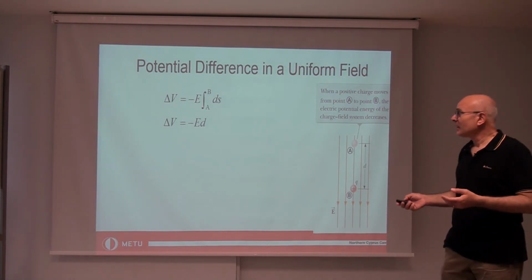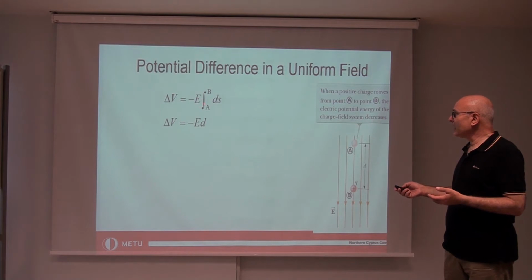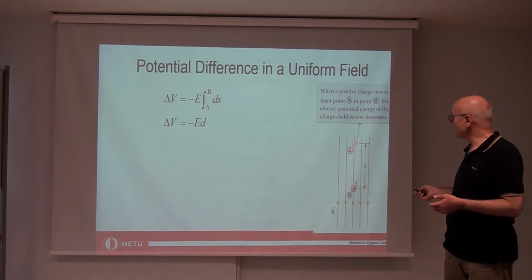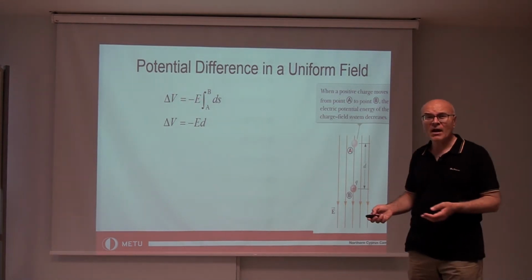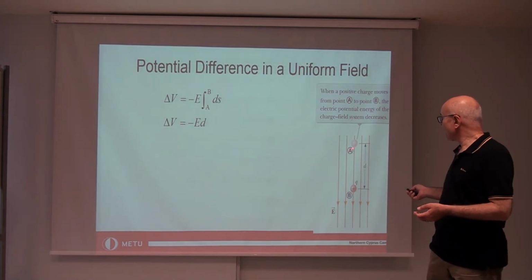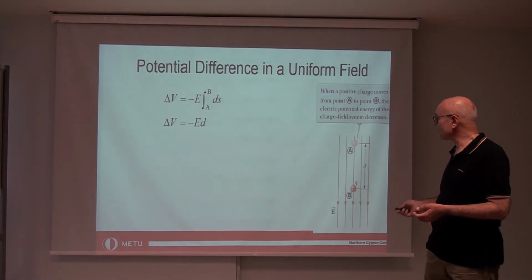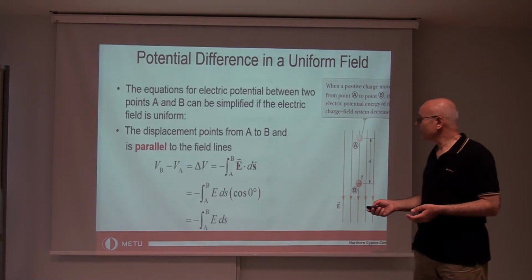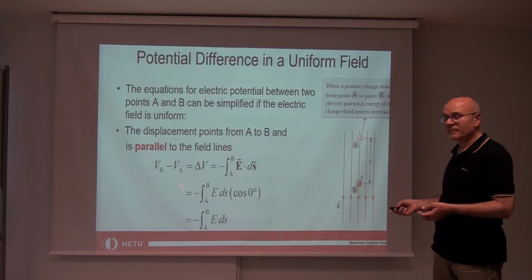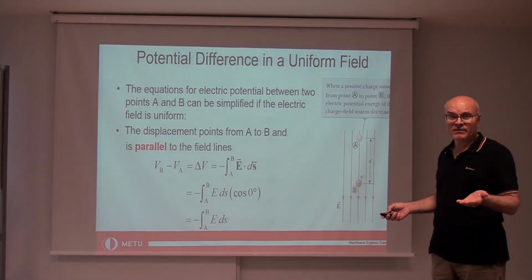Now, evidently, life became easier by my choice of path, a line or vector parallel to the electric field, and life was made easy. But remember that this integral is independent of the path.